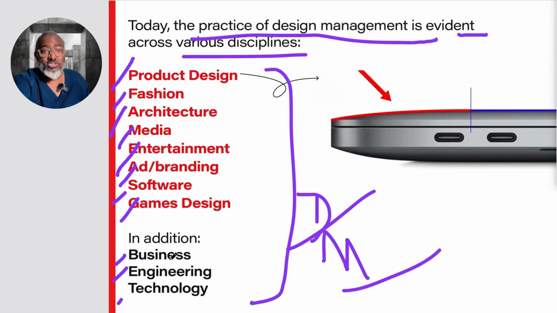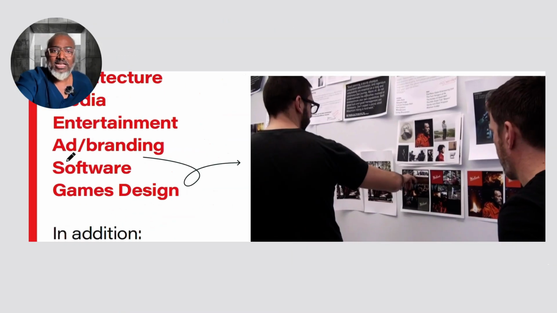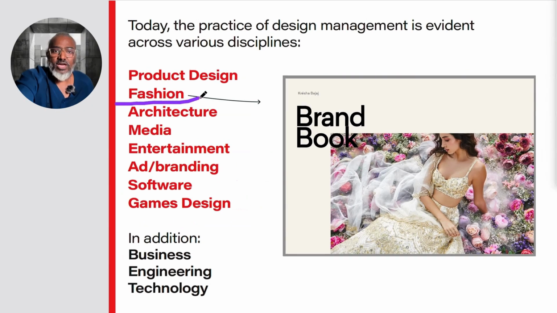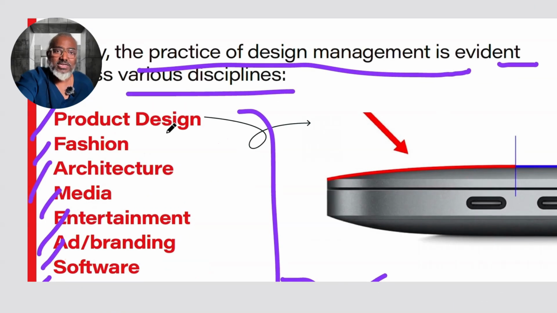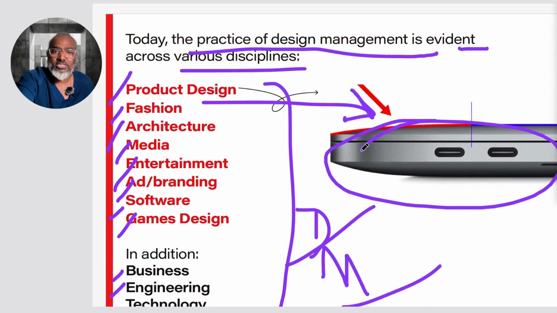Everywhere there is a demand for design managers. In many more industries, the role of design managers has increased. In advertising and branding, you would be running projects. In fashion, you might be helping a fashion brand to become famous. You groom it, you do PR. As a product designer, you might help the company to build unique products.